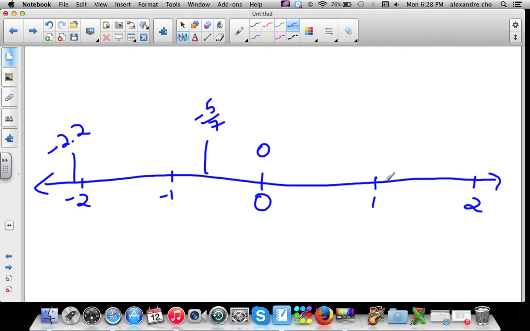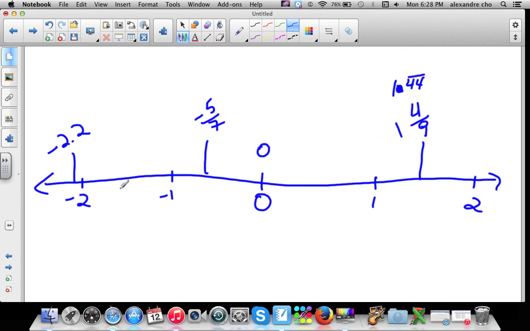1 4/9. Okay, 1 4/9, a little bit less than 1.5. Okay, so divide 4 over 9. If you divide 4 over 9, you get 0.44. So as a decimal, 1 4/9 is the same thing as saying 1.44. Okay, and it's a decimal that goes on forever and ever, so put a little bar on top.